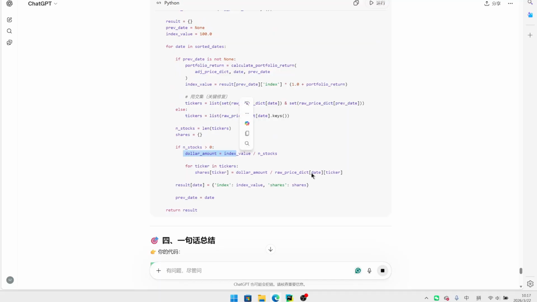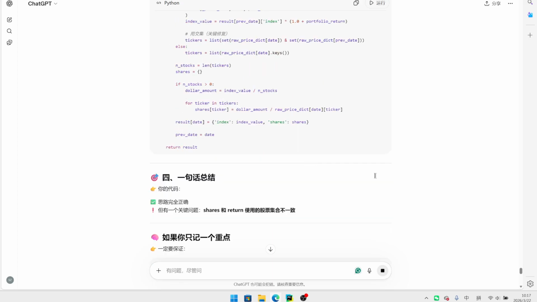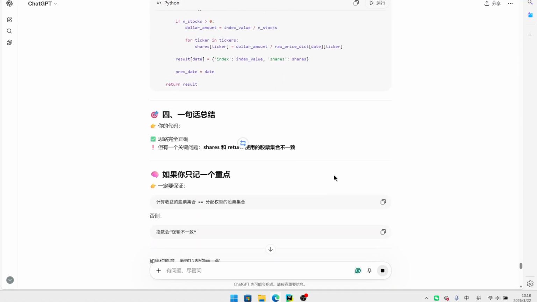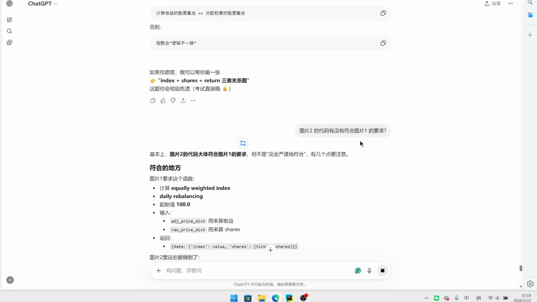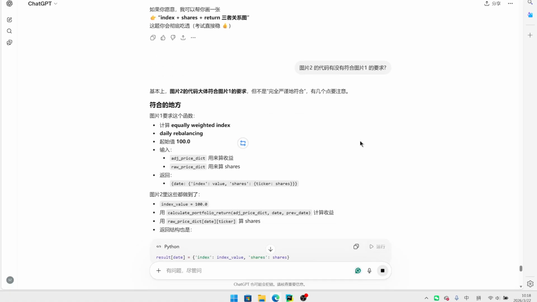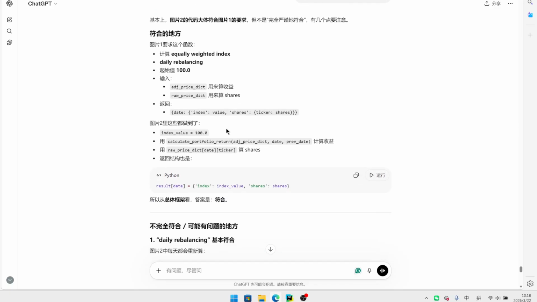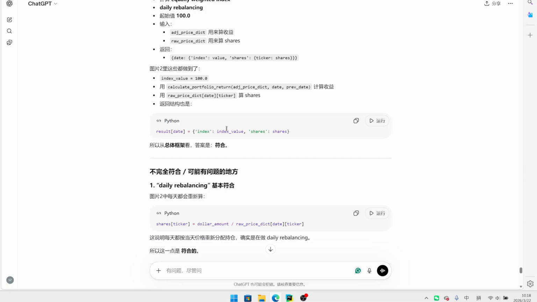Dollar amount, it's a divide, share and return. I just equality with index daily rebalancing.